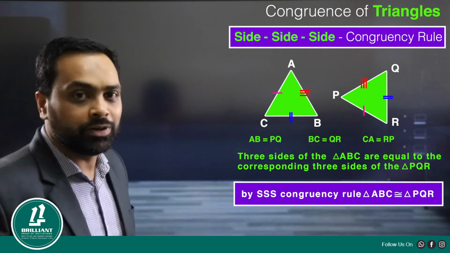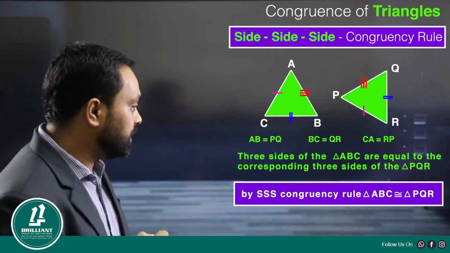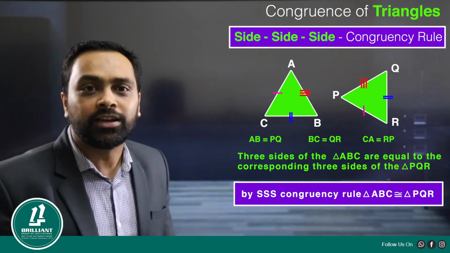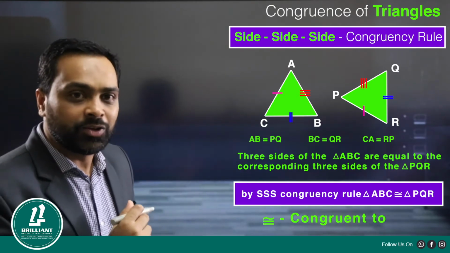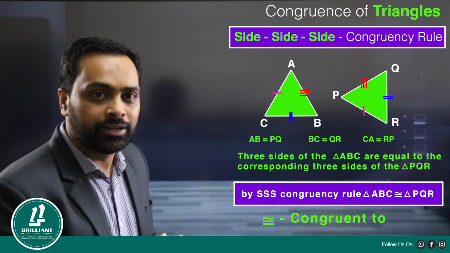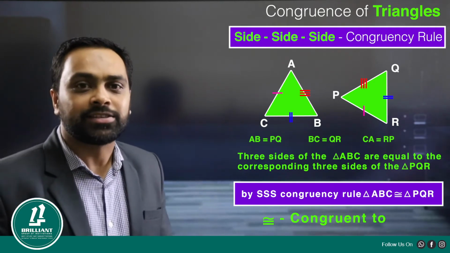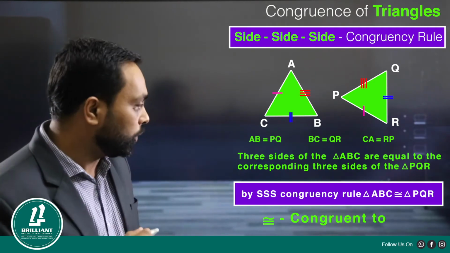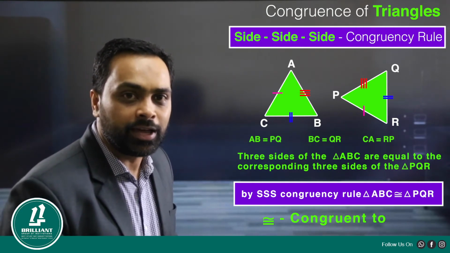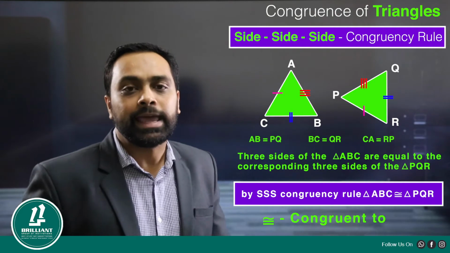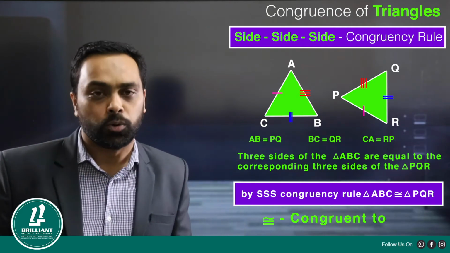We are introducing one new symbol. Triangle ABC is congruent to triangle PQR. The symbol is read as 'congruent to'. Once again, triangle ABC is congruent to triangle PQR. This property is called the SSS congruency rule.